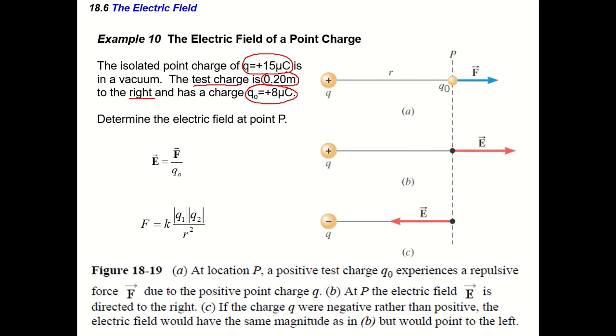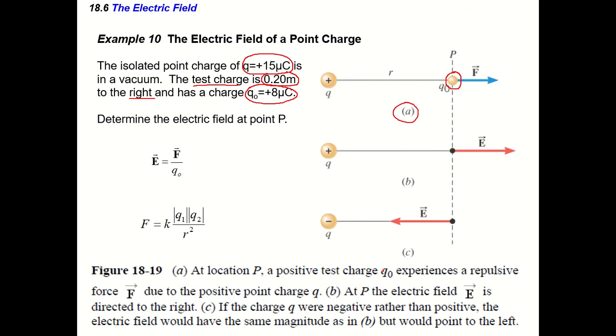Using this formula, at A, we have here B, C, so at location P, here this is our location P.